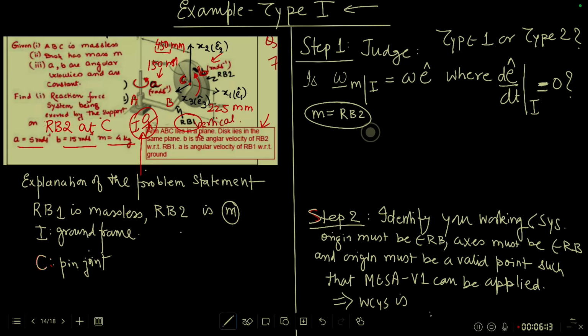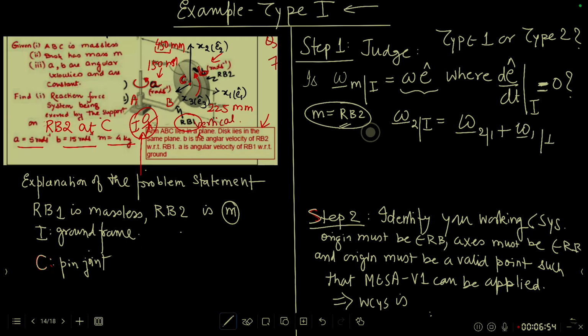The criterion to judge that is to look at omega MI. It can always be written as omega times E hat, but whether that E hat is stationary with respect to I or not. In this question, M is RB2. So omega 2I will be omega 21 plus omega 1I.